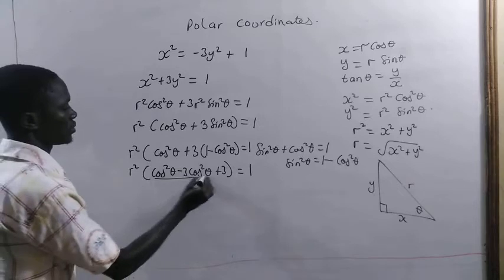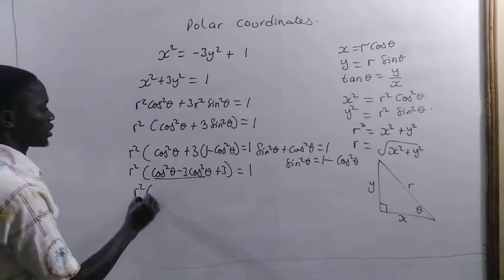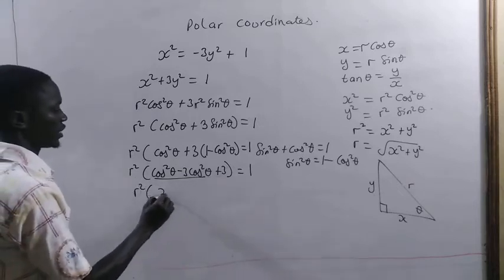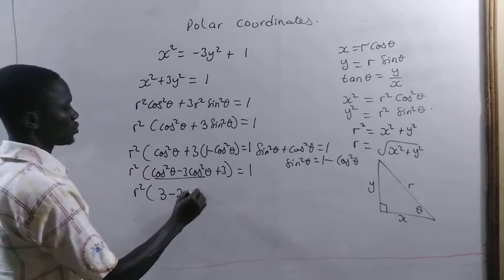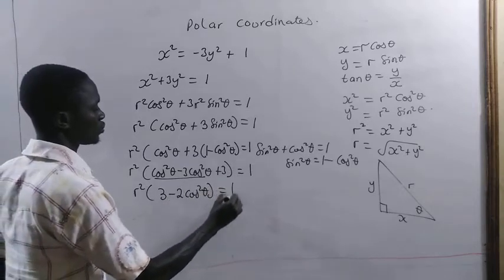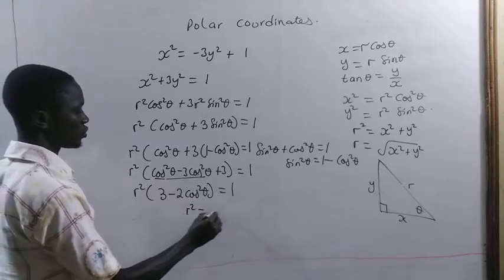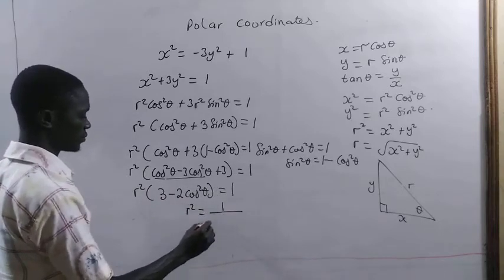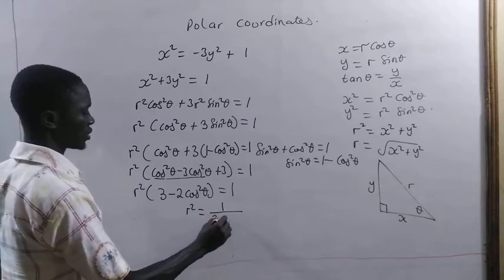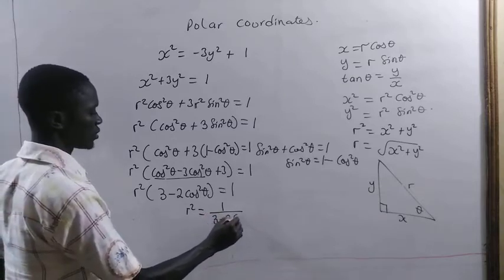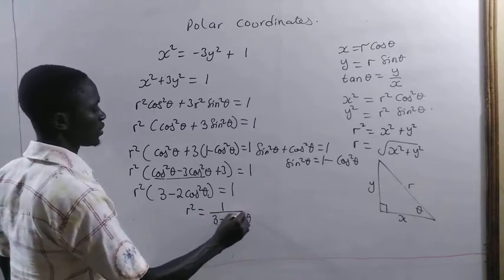Now this will give us r squared into brackets 3 minus 2 cosine squared of theta equal to 1, because this will give us minus 2. We have r squared equal to 1 divided by 3 minus 2 times cosine squared of theta.